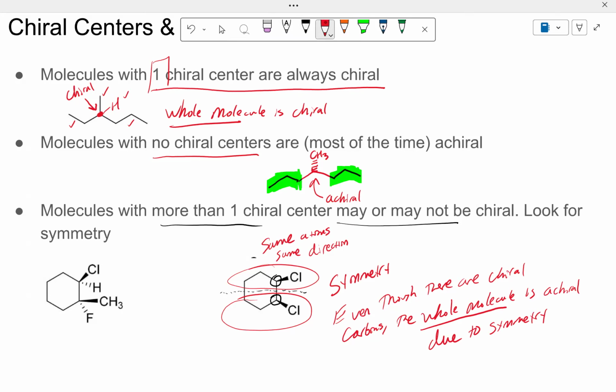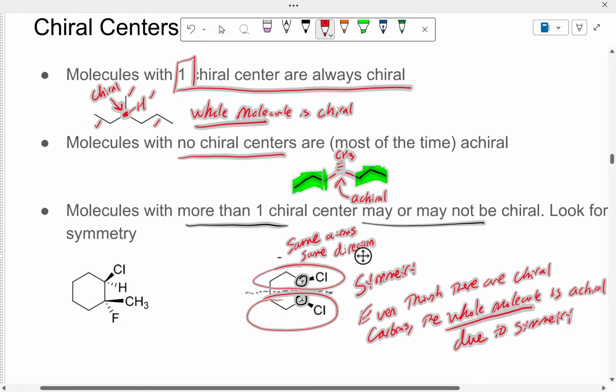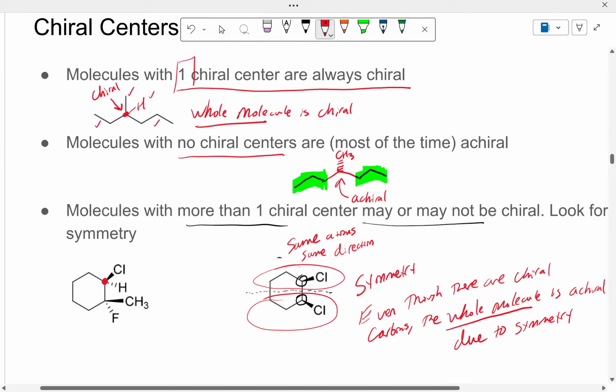Now, if I look at the first one, I have a chiral center right here, four different groups, and a chiral center right here. If I cut it in half, does the top half look exactly like the bottom half? There are a couple things that are similar, like this is the same and this is the same, but for the whole thing, you don't have the same atoms going in the same direction.